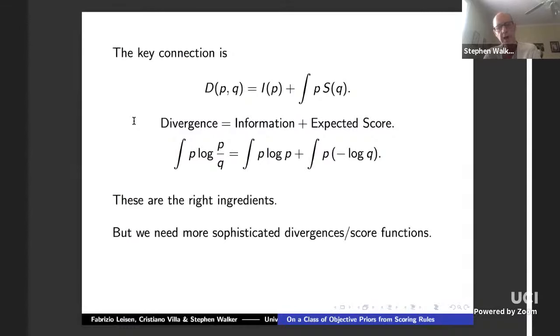But there's a whole family of these kind of setups where you do have divergence, information and score, which are not restricted to the one we've described here. So we're looking, I mean, as I said, they're all the same at the end of the day, but we're looking for more sophisticated divergences and score functions. So we're just looking for different forms for D, I, and S here, going beyond the traditional ones that are used.